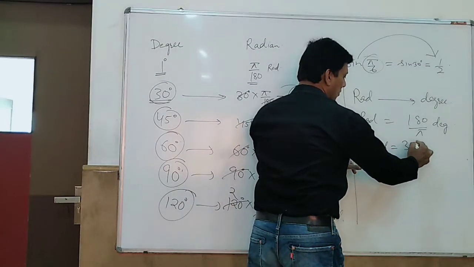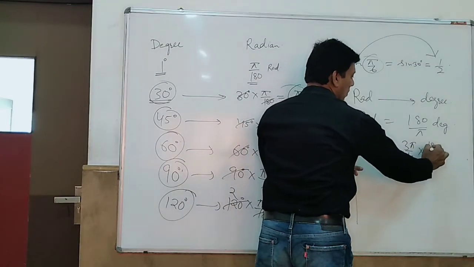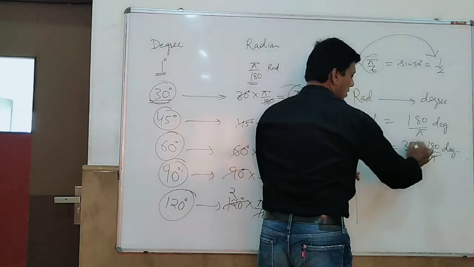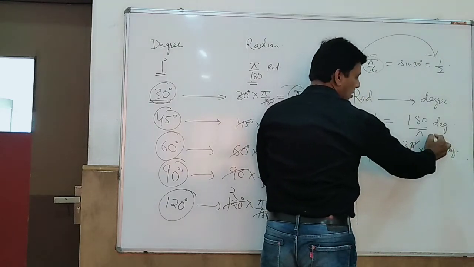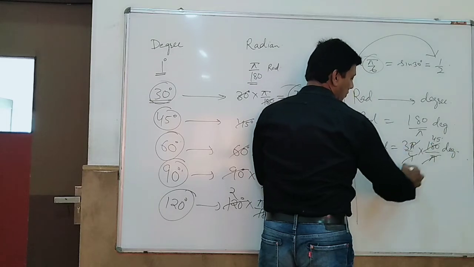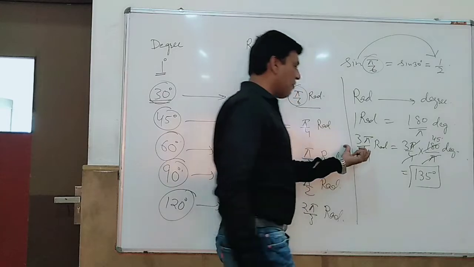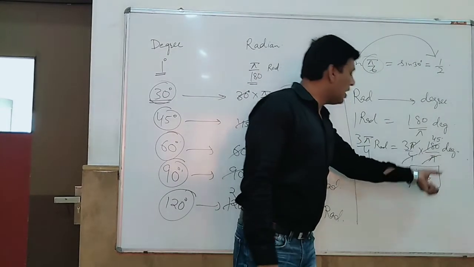So 3 pi by 4 will be multiplied by 180 upon pi. Cancel pi, 4 45s are 180, and 3 45s are 135 degree. This way we can convert radian to degree.